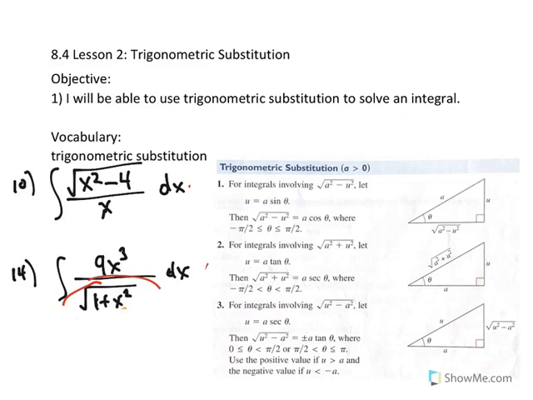Today we looked at a couple of examples for trigonometric substitutions, and you look at the form of the radical expression in the integrand to decide which of these you should use.